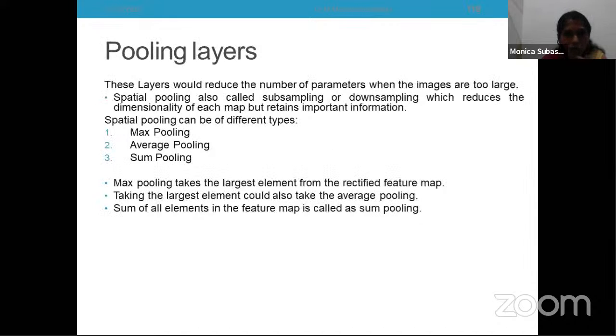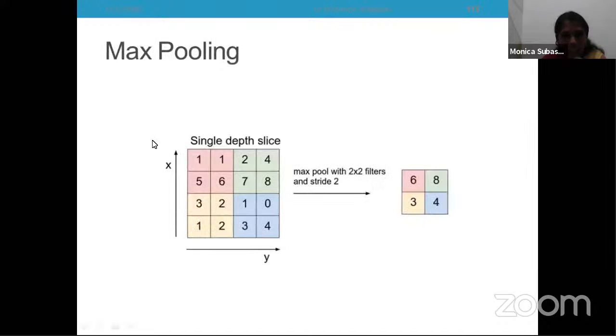And coming to pooling layers, I'll just show you the maximum pooling layer. If I consider this 2x2 filter with a stride 2, what is the maximum value? 1, 1, 5, 6. The maximum value is 6, then stride is 2, so you have to skip 1, 2 and move on to the third column.